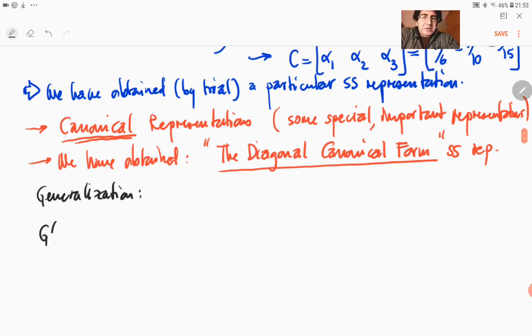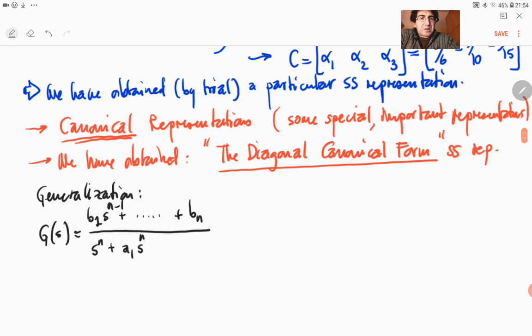So if g of s is composed of a proper transfer function where the numerator is 1 degree less than the denominator, with the coefficients being b1 to bn, and in the denominator we have a polynomial of degree n, where the coefficients are a1 to an.